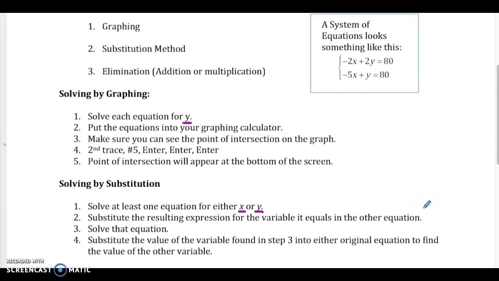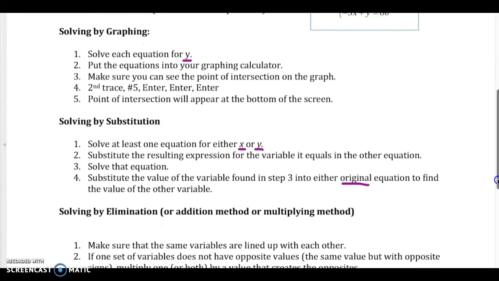Now that is only going to give you one of the values, either the x or the y, depending on what you just solved for. You then must plug that value back into one of the original equations, in case you made an error, and solve for the other variable. Now, I always like to add a fifth step there. Plug that value back into the other equation that you didn't just use and make sure it gives you the same value. That's a great check so that your points match up, and hopefully you can move on.